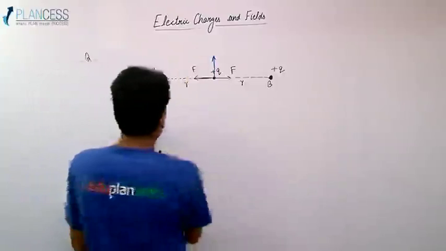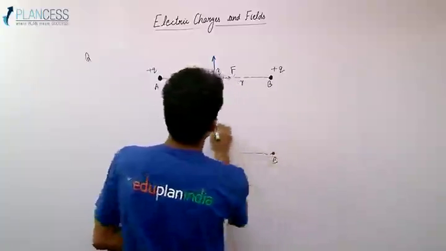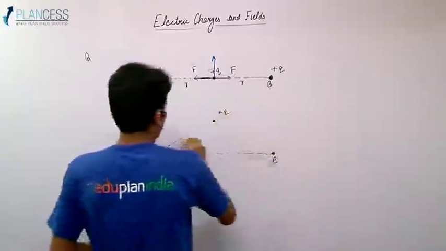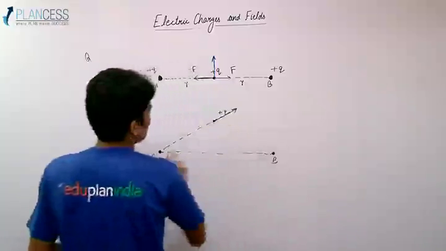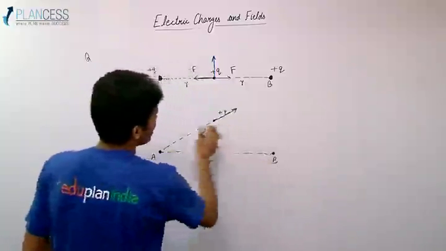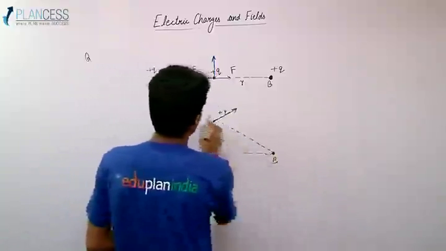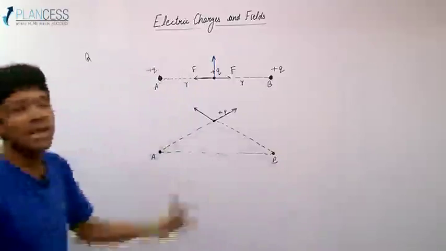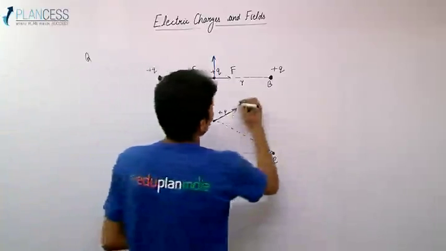Here would be charge A, here would be charge B, and somewhere here would be this plus q charge. And by symmetry, you can say that the distance between A and plus q charge and the distance between B and plus q charge will be the same. So the forces put upon by A and B on this plus q charge would be equal in amount but different in direction.